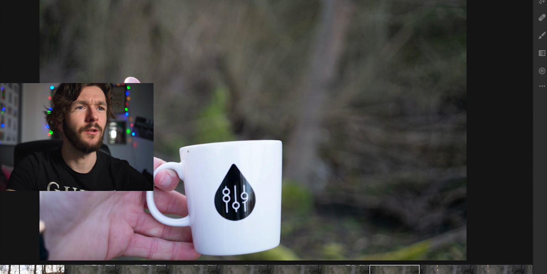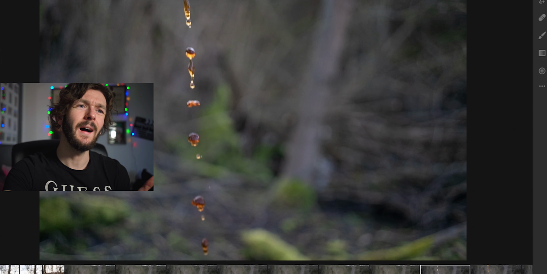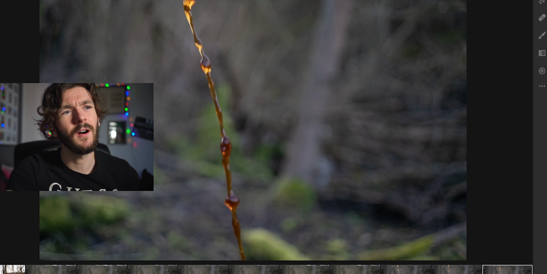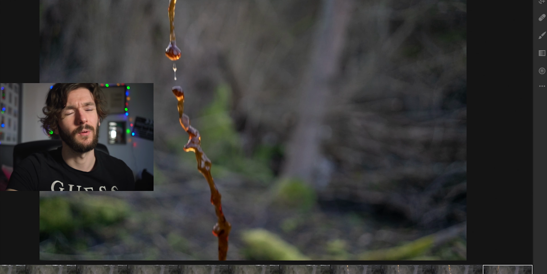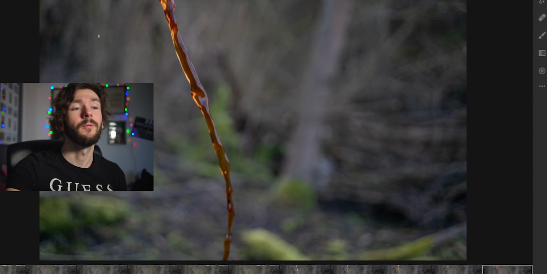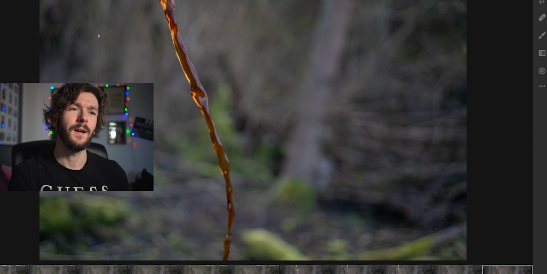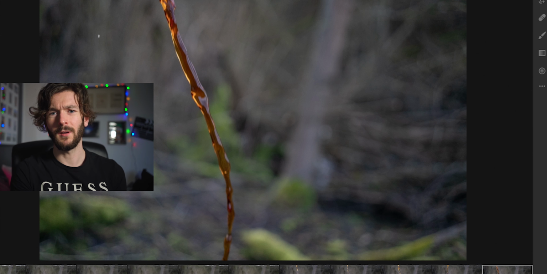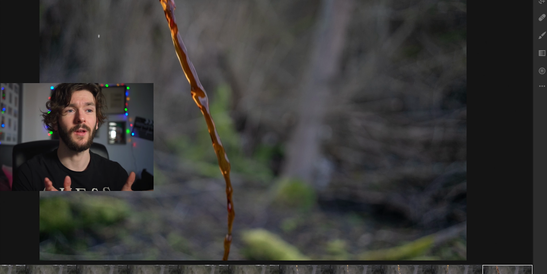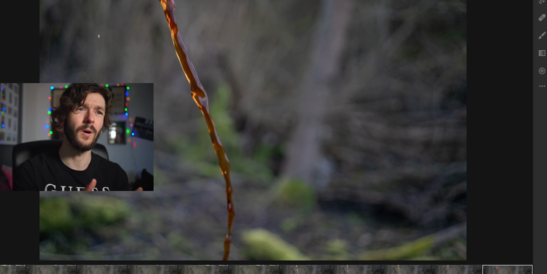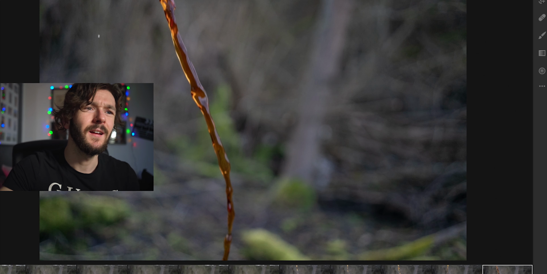I also have these shots of me pouring coffee. They're not as sharp as I wish, that one's actually pretty good, but they're okay, that one too. But I wish that I came up with this idea earlier in the day and that I had used a higher shutter speed, because this one is on the verge of being too blurry.